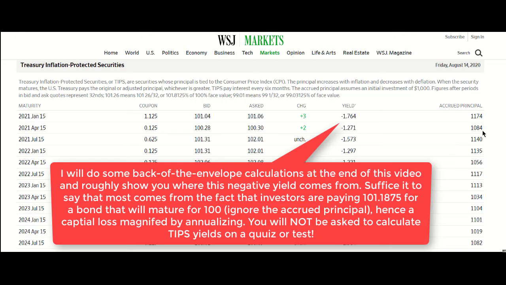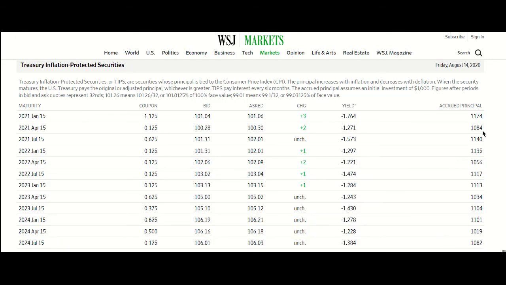So it's quite interesting that real rates are negative. It kind of defies a lot of economic intuition. It's hard for me to wrap my head around the concept that people will actually pay to park money in Treasury securities.